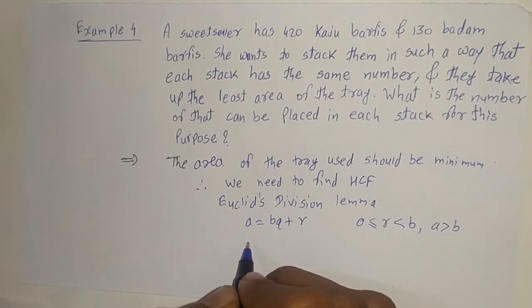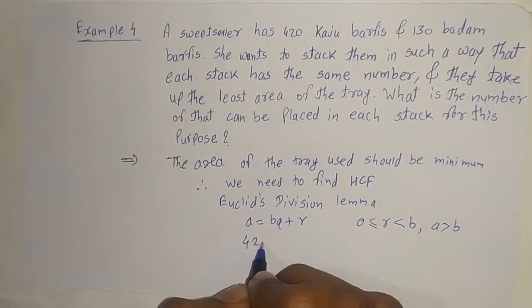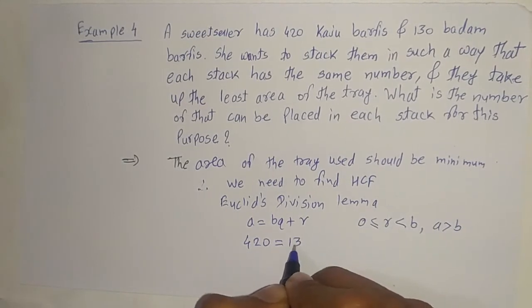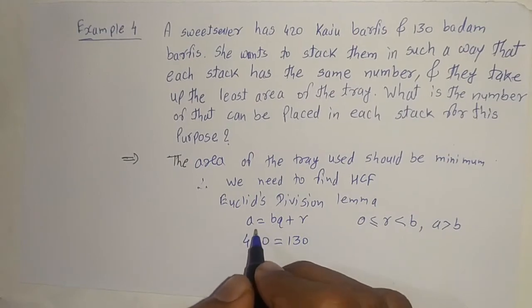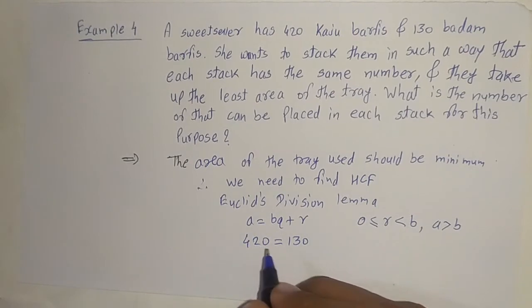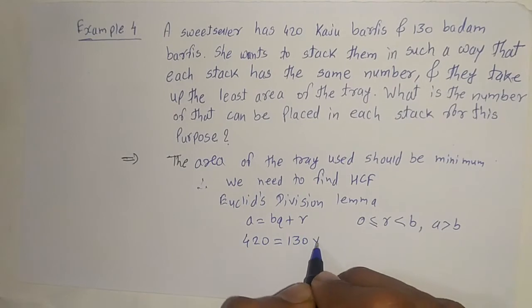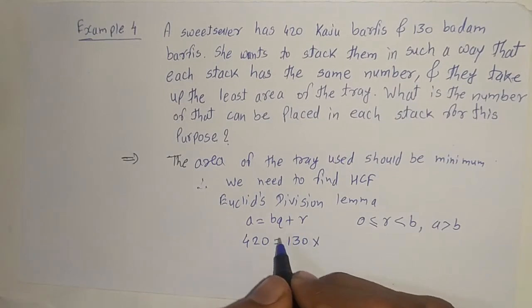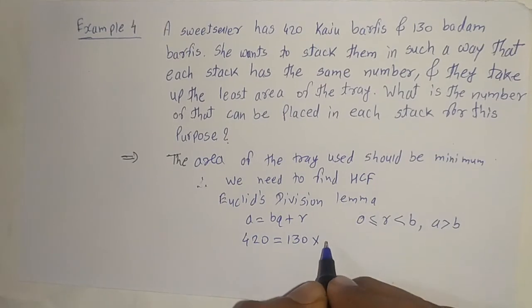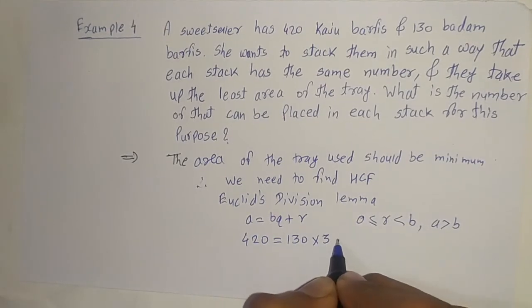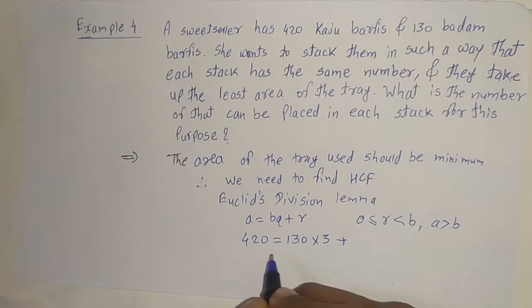So let's write here: what are the values of a and b? 420 and 130. a has to be greater, so it will be 420 = 130 × q + r. What will be the quotient? If we multiply 130 by 3, you will get 390. So it is around 420. So the quotient will be 3, plus what will be the remainder?